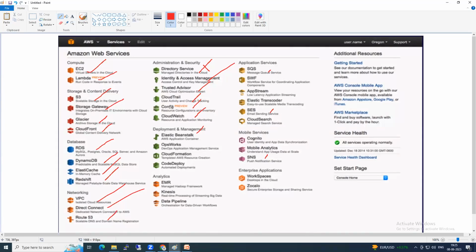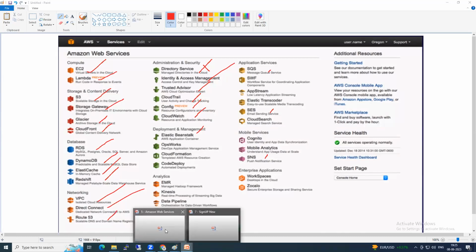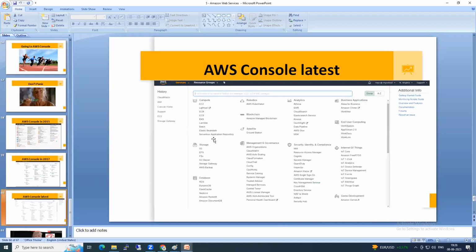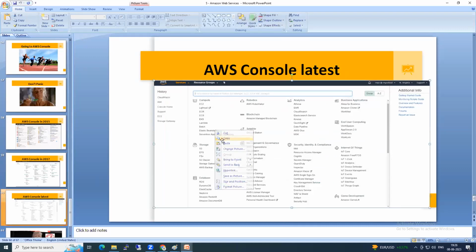Do you see all the different colors? Everything was good, no? Later the console changed to this one. It doesn't have any colors. I thought, no problem, they just removed the colors. Latest, they have the console like this.